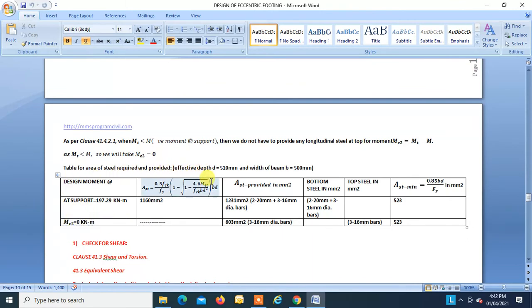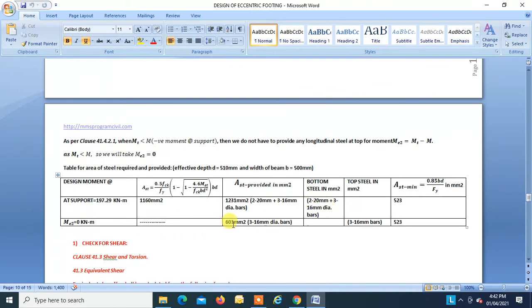Now we are finding the tensile steel required. At support the moment is 197.29. The required steel from this formula is 1160 mm square, but we are providing 1231 mm square, that is 2 numbers of 20 mm plus 3 numbers of 16 mm dia bars at the bottom, right?